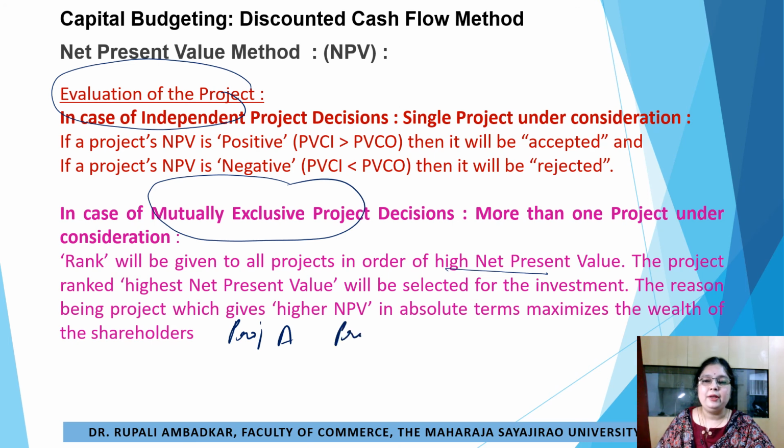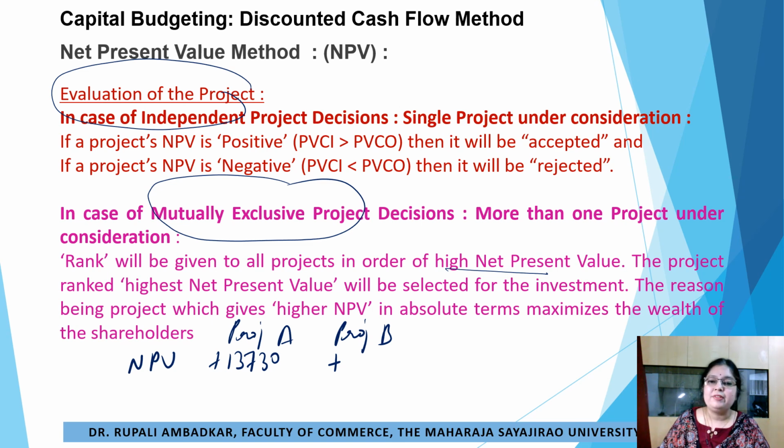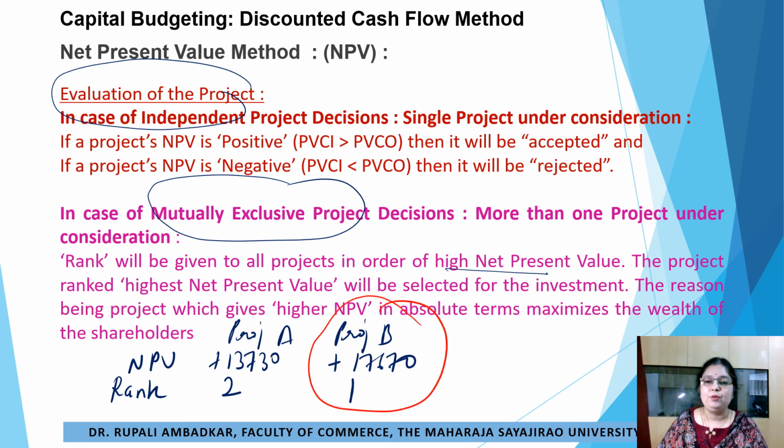The NPV for project A was positive 13,730, and for project B it was 17,670. In ranking, we give rank 1 to the project which has higher NPV and rank 2 to the project which has lower NPV. Naturally project B is going to be selected because its NPV is higher than project A.